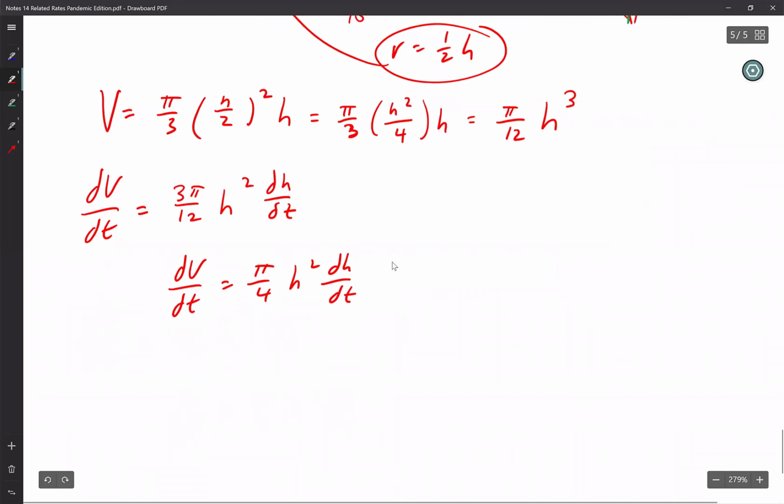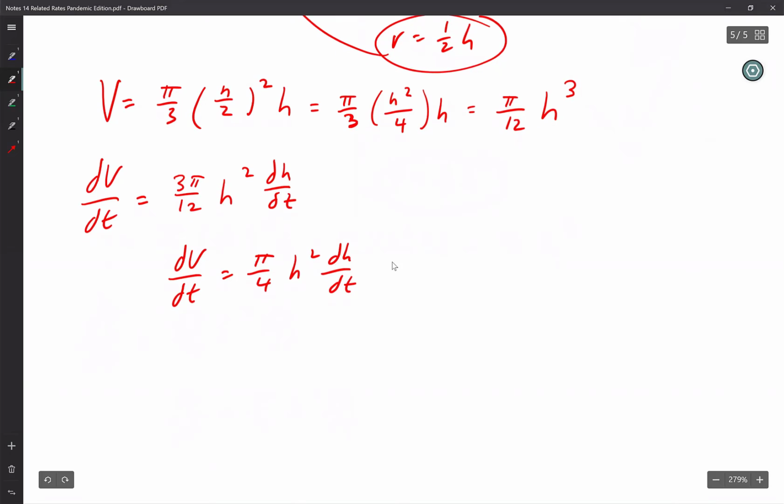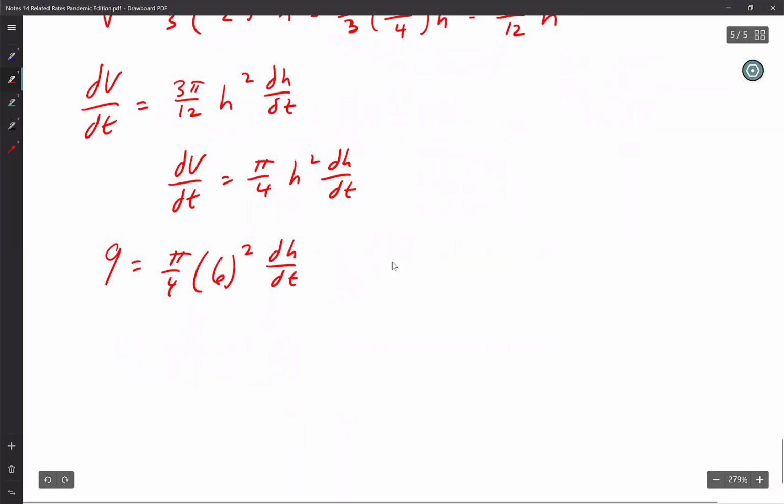I already know what h is. I already know what dV/dt is. 9 equals pi over 4 times 6 squared dh/dt. 6 squared is 36. 36 divided by 4 is 9. So 9 equals 9 pi dh/dt. Look how beautiful this is, guys.